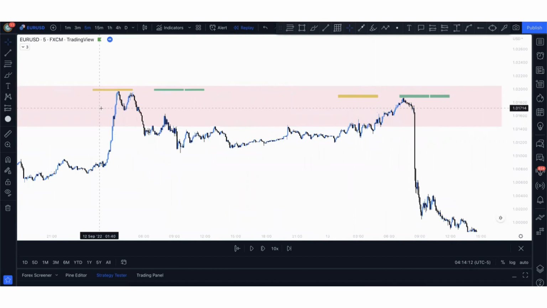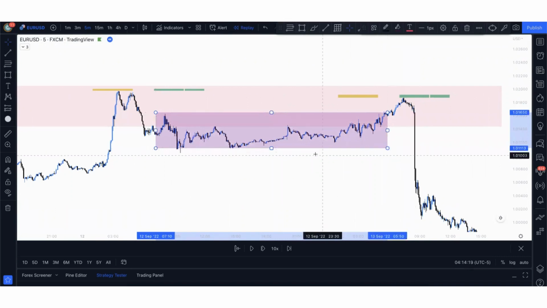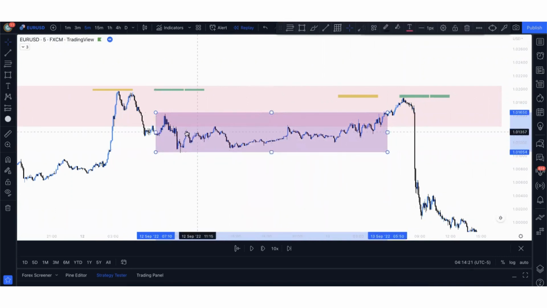Because, as you can see, when the price is consolidating like this, the price is consolidating, there's no direction at all. So expect that the price will sweep all the liquidity above and below these areas.